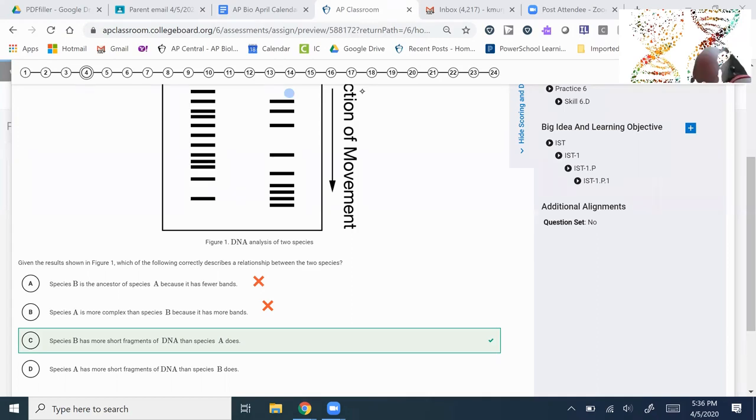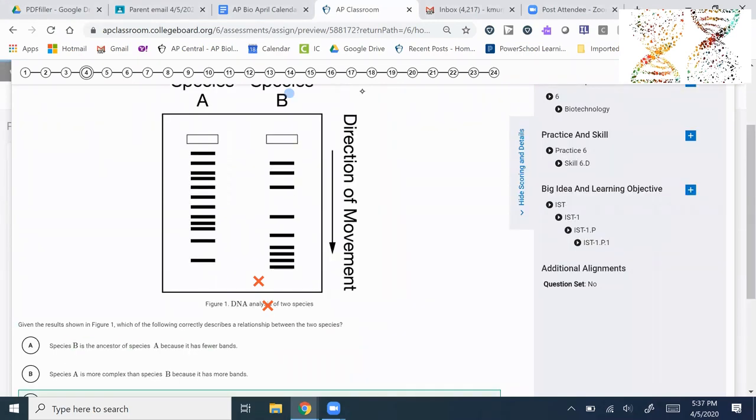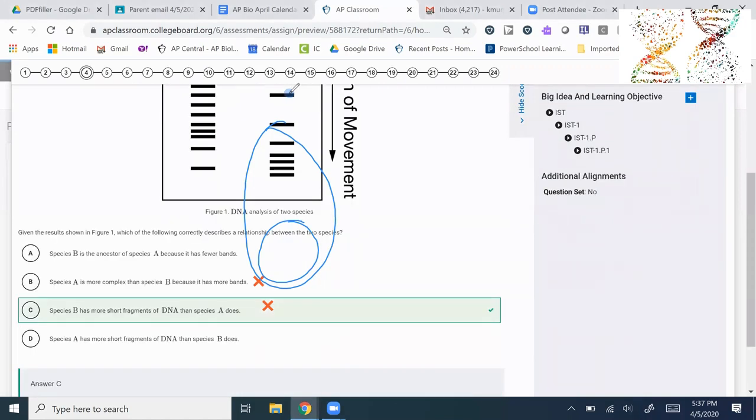So if I go and look at this, species A has more short fragments. Well, actually, which one has more short fragments? It's going to be B, right? So B has more short fragments because look at how many small ones there are here. The shorter ones travel farther. So that is actually incorrect.